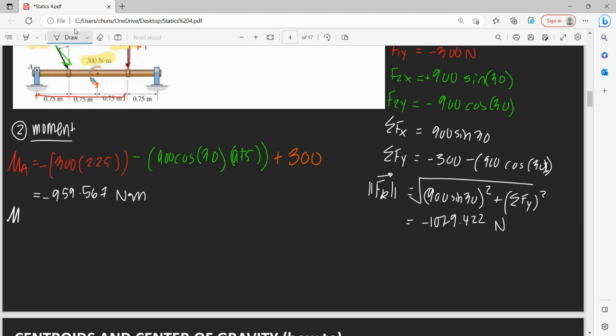And now if you want to find how far to apply this resultant force, we know that this is equal to our magnitude times our distance, right? So if we were to do that, we want to find what our value of d is, so we can use negative 959.